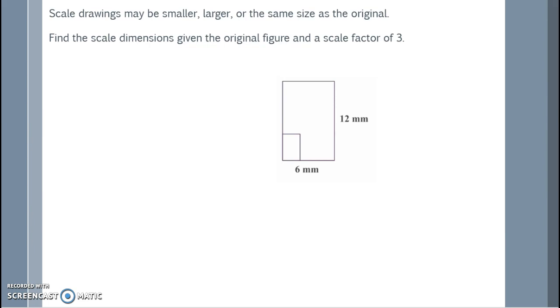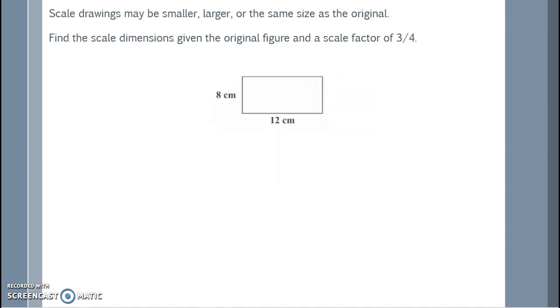So the new size must be a 6 millimeter by 12 millimeter. Notice that my side grew by 2, 4, 6, and this side grew by 4, 8, 12.